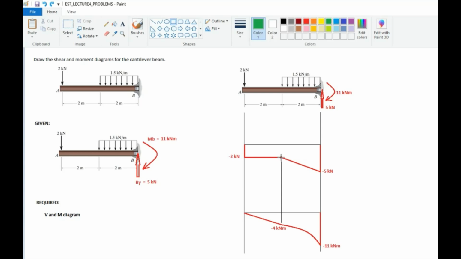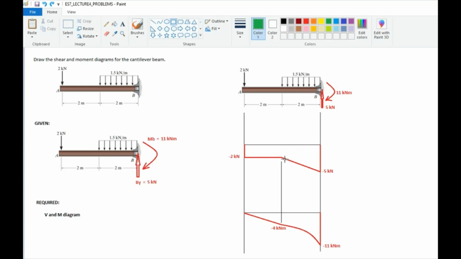And then, from this point hanggang point B, nagkaroon ka na ng 1.5 kilonewton per meter na distributed load. So, getting the area of this, that's just 1.5 times 2, so that is 3. So, -2 minus 3, you get -5. Okay. So, dito is, naka 0 degree ka dito.